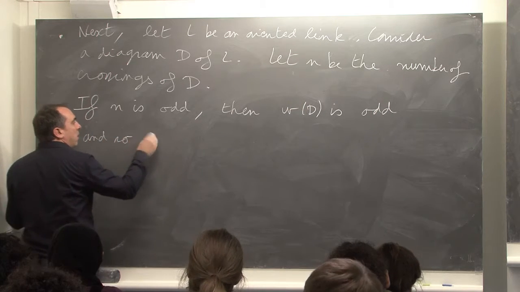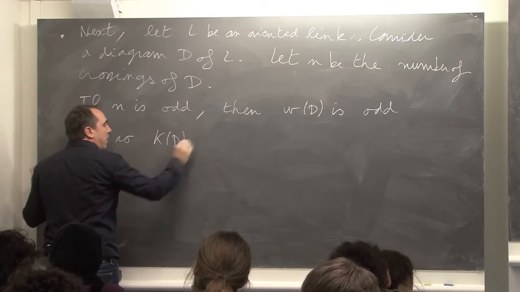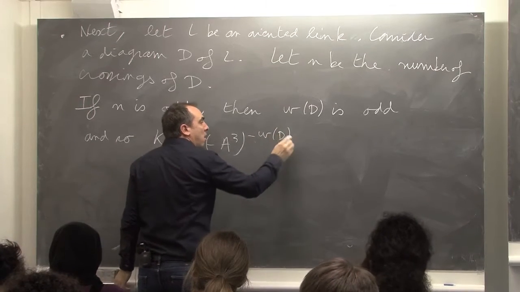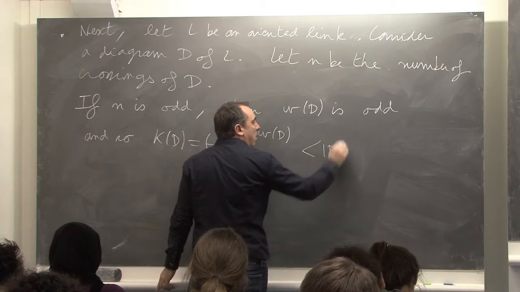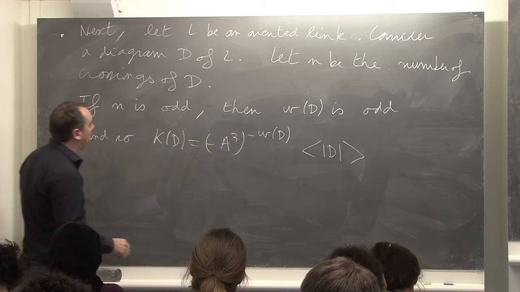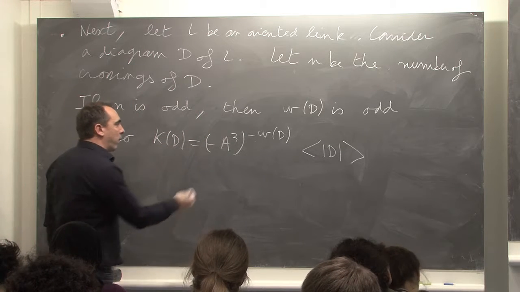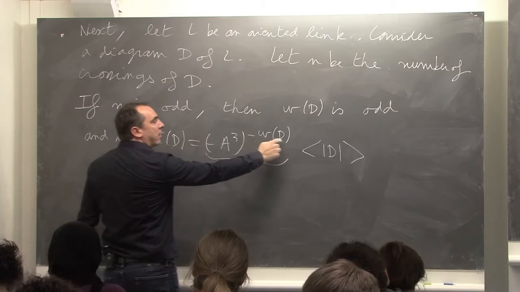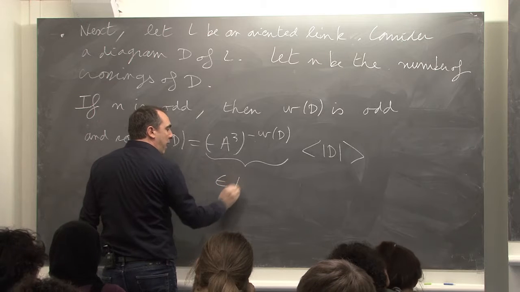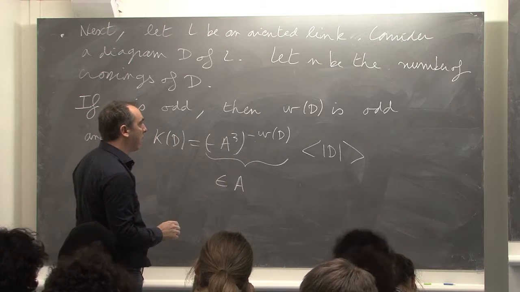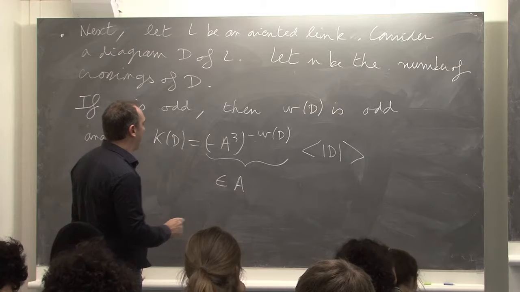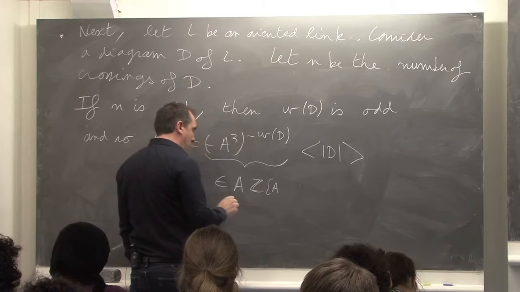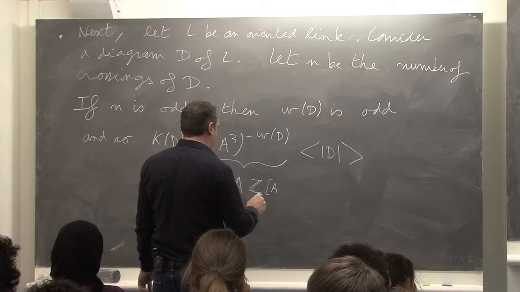And so K of D is minus A cubed to the minus writhe of D times the bracket. Since the writhe of D is odd, this belongs to A times Z of A square.